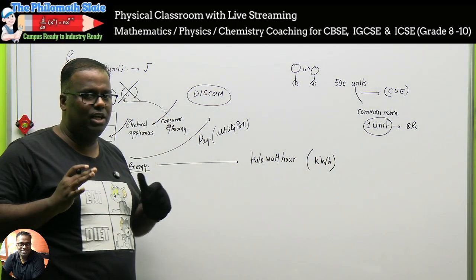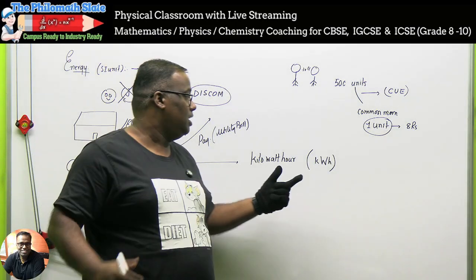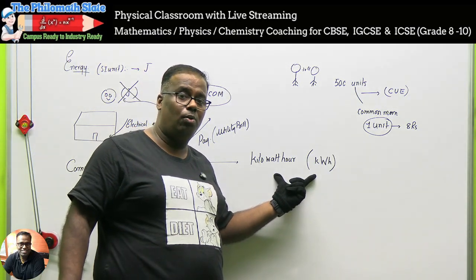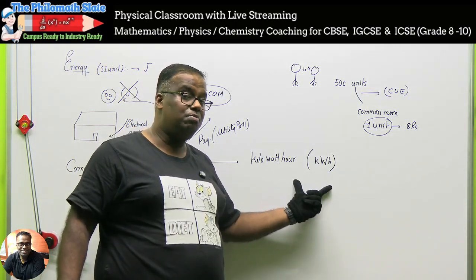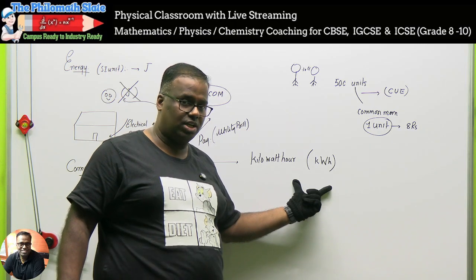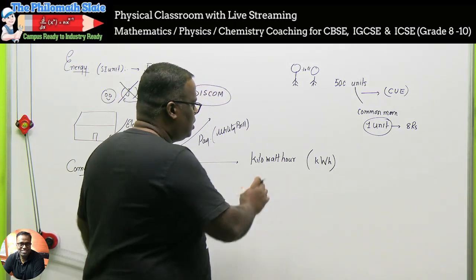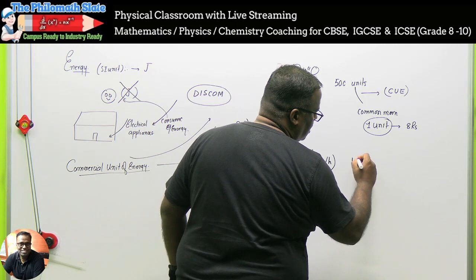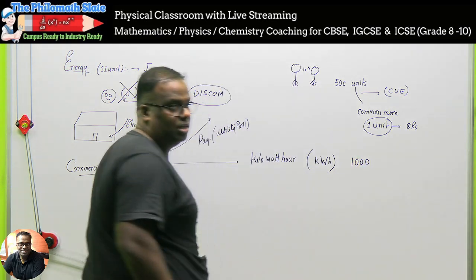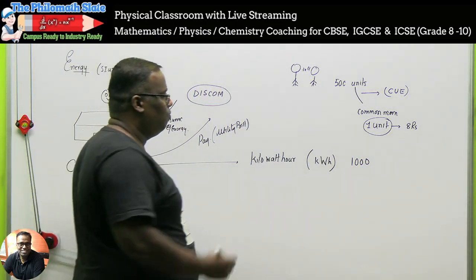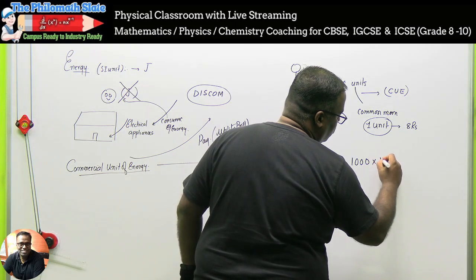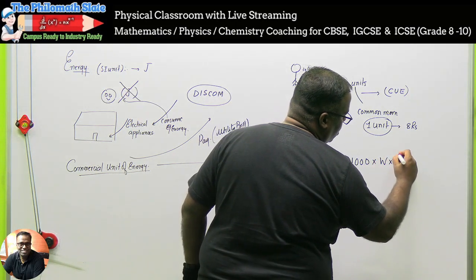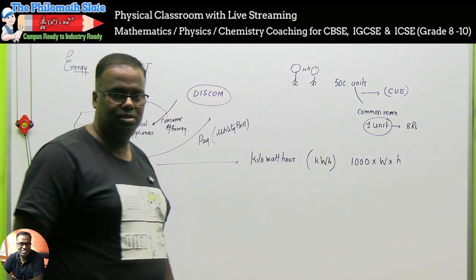So the first thing we should satisfy ourselves about is: sir, does kilowatt hour exactly measure energy? Let's check with units first. Kilo is nothing but a scalar which is 1000, right? Watt into hour, that is kilowatt hour, right?